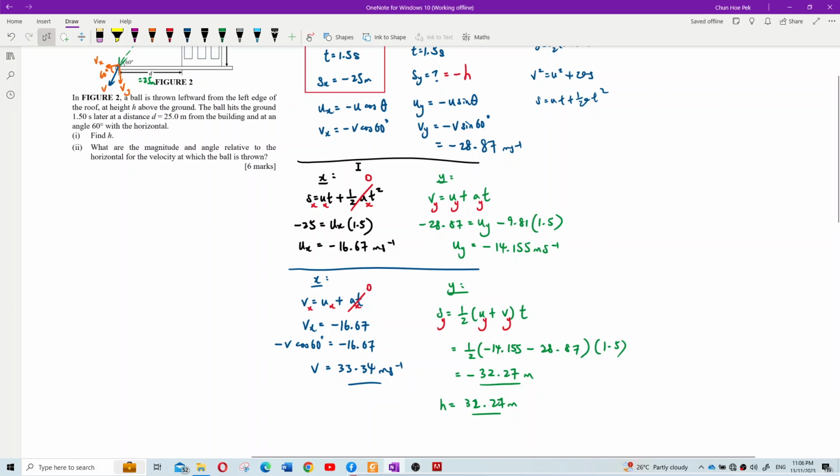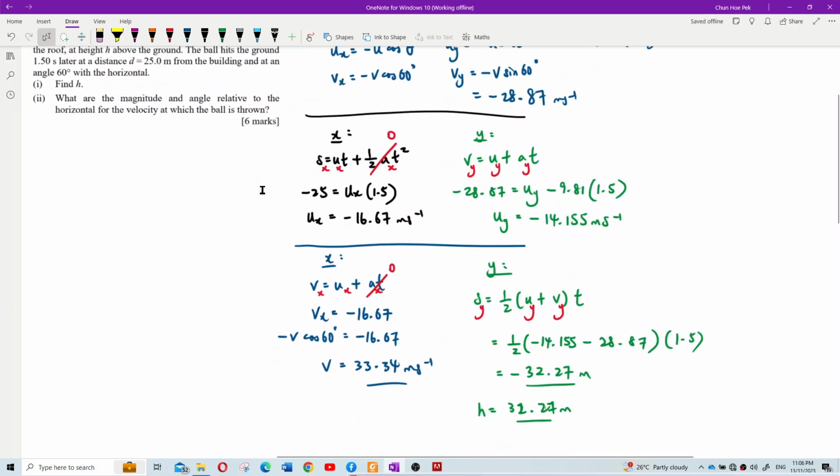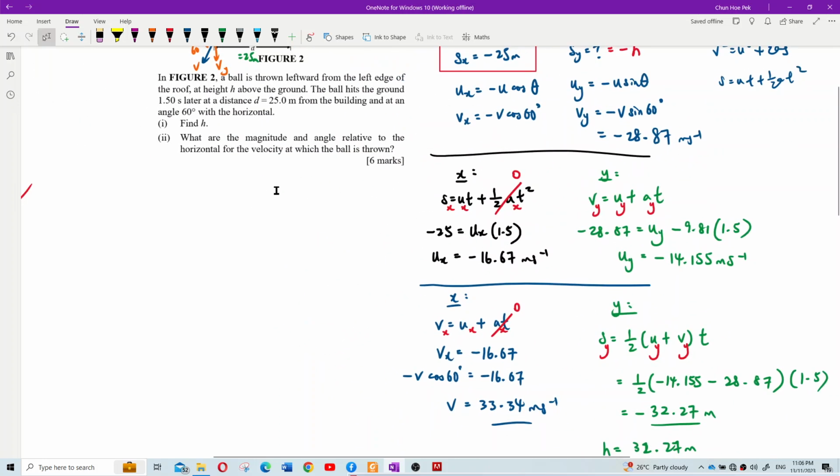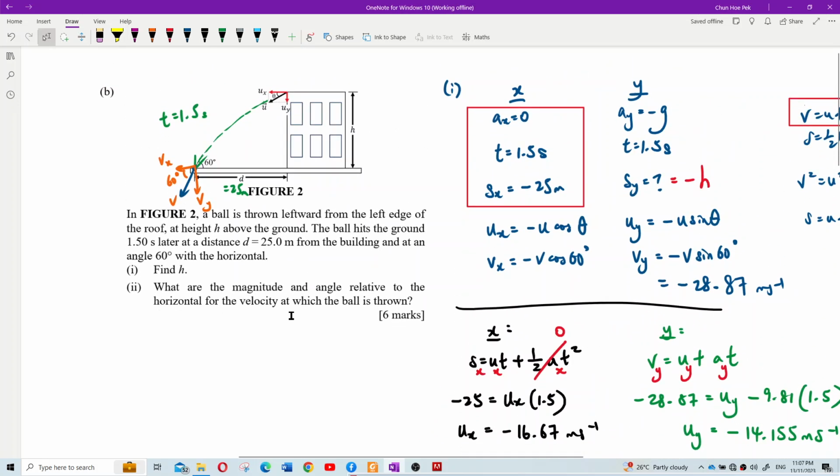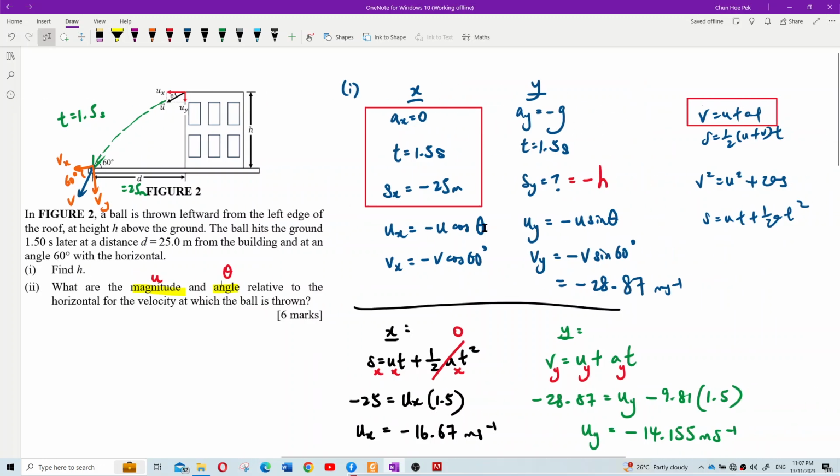Now lastly, what are the magnitude and angle relative to the horizontal for the velocity at which the ball is thrown? So we want to find the initial velocity at which the ball is thrown. We want to find u and theta, both the magnitude and the direction angle.